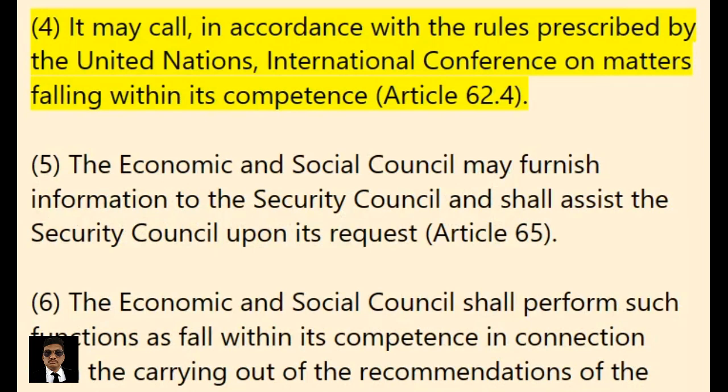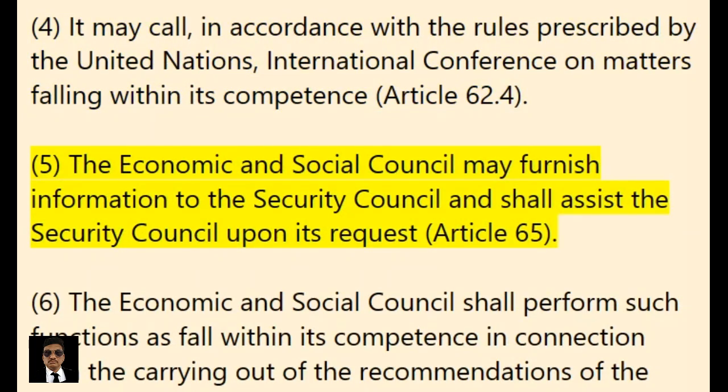Article 62.4. 5. The Economic and Social Council may furnish information to the Security Council and shall assist the Security Council upon its request. Article 65.